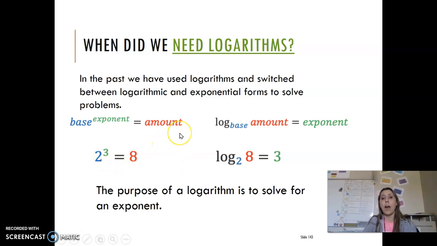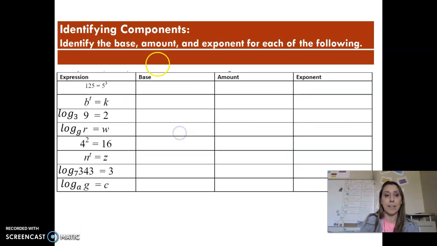So you will be asked to rewrite those. There is some practice in your packet, just to get used to doing this. If we are looking at 125 is equal to 5 cubed, then the base would be 5, the amount would be 125, and the exponent would be 3.